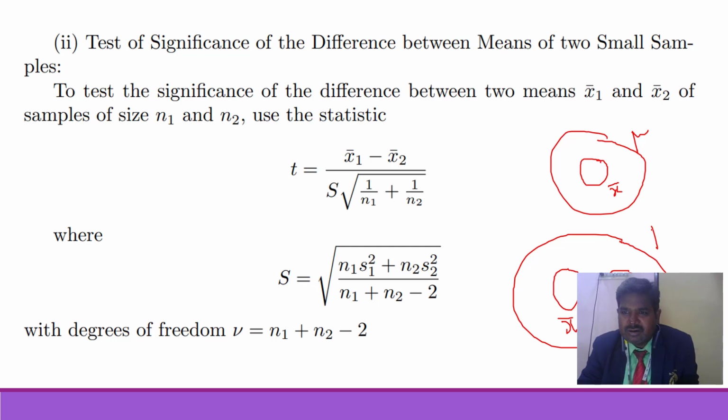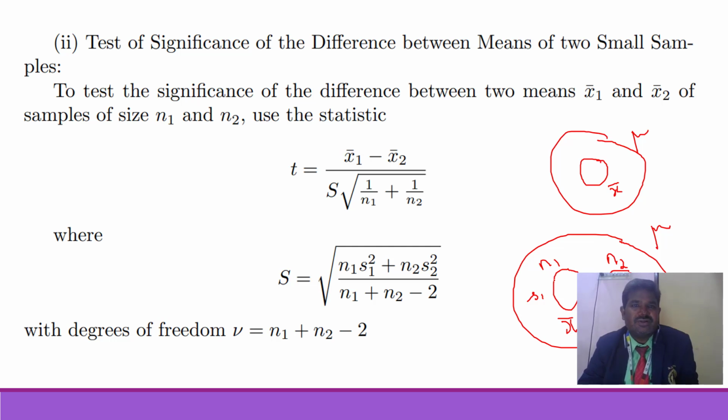Here the size of the first sample is n1, and the size of the second sample is n2, with means x1 bar and x2 bar, and sample standard deviations small s1 and small s2.